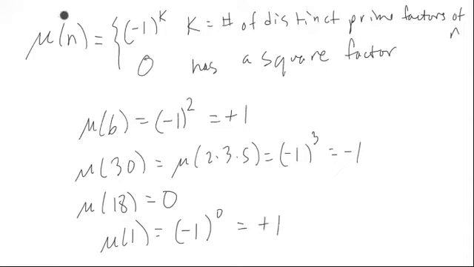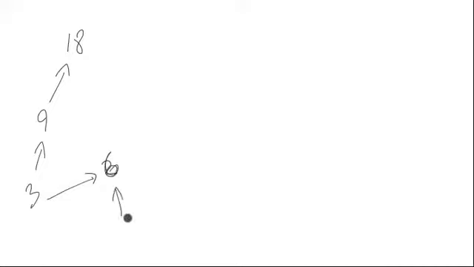Okay, now how does mu of n help us to count things and find a sum and solution in a poset? Particularly, it helps us in a factorization poset, or a poset of factors of a number, where each arrow represents is a factor of. So, 6, 3, 2, and 1.